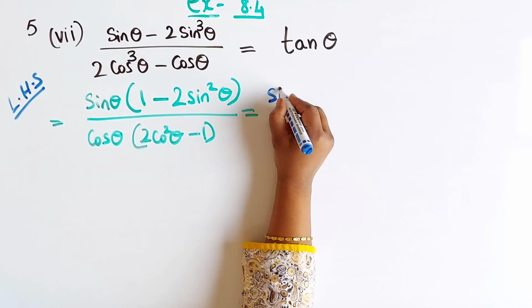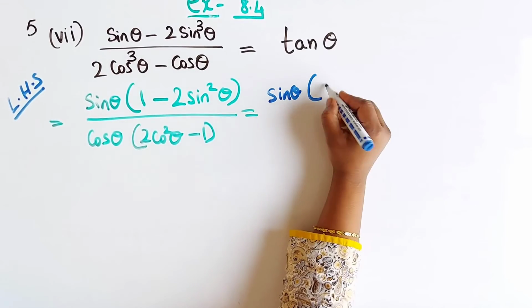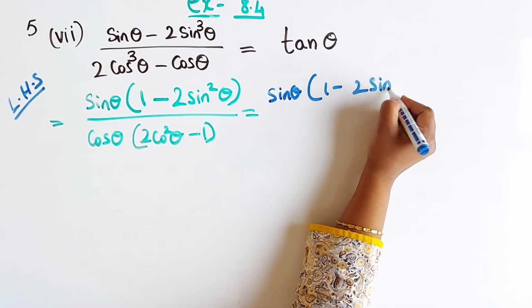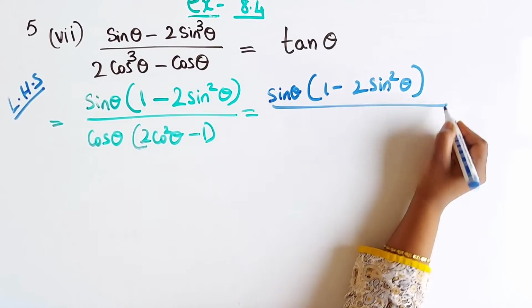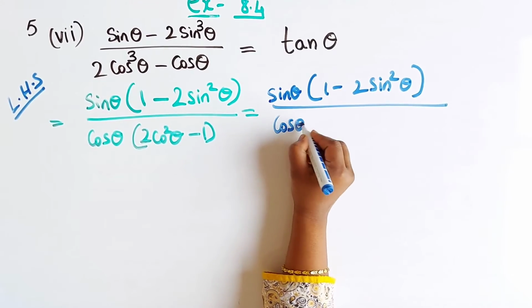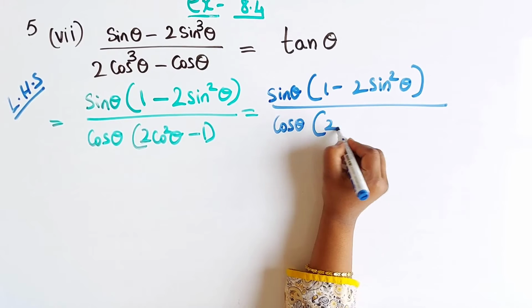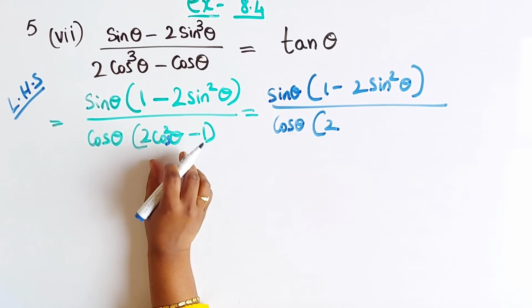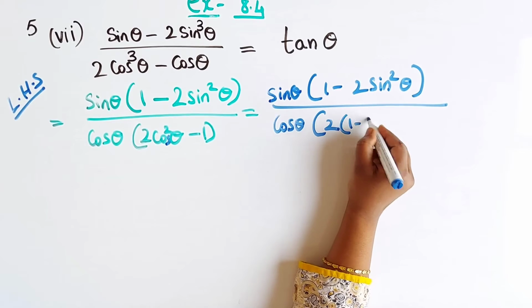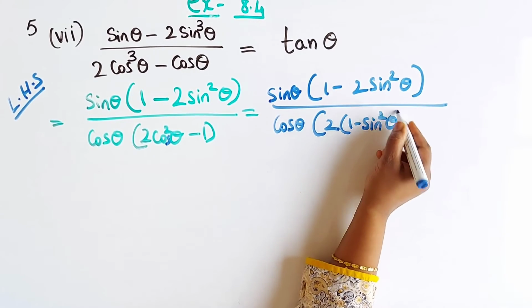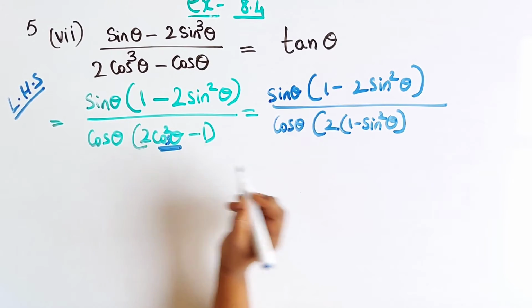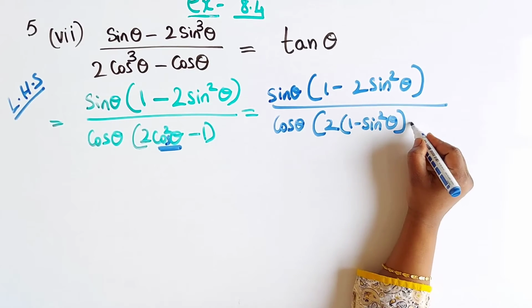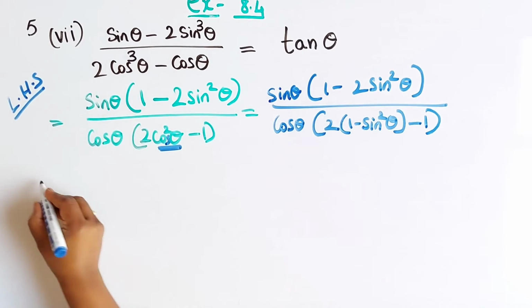This will be sin theta into (1 minus 2 sin square theta) divided by cos theta into 2 into, in place of cos square theta, what is sin square plus cos square theta equal to 1. In place of cos square theta we can write 1 minus sin square theta. In place of cos square theta I am writing 1 minus sin square theta. Minus 1 as it is.